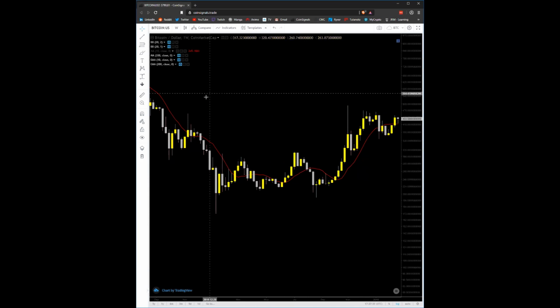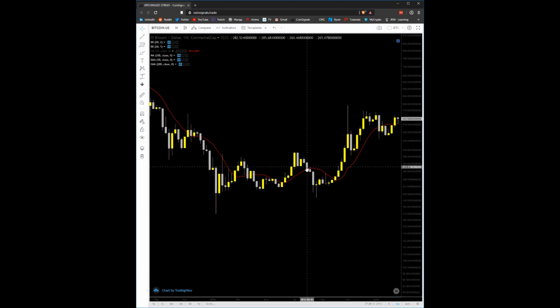You can see up here, the current moving average I'm using is the 10-period moving average, and we're on the weekly time frame. So at this point right here, this 10-week moving average is at $263 per Bitcoin. That means for the closing price of this candle and the 9 before it, the average of those is 263. Or if we look up at this value when I hover over it, it's actually 264.6.